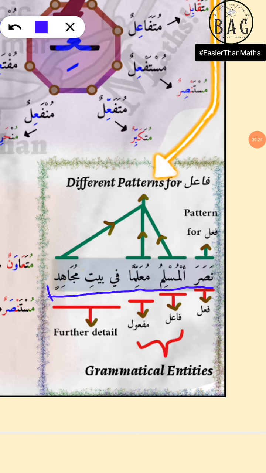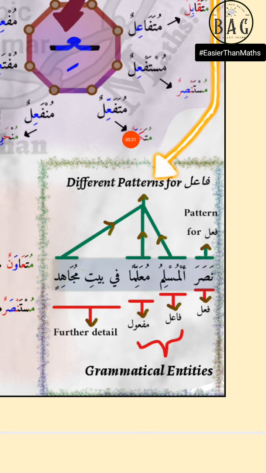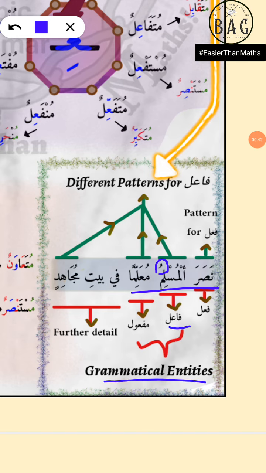Okay, forget about fi baiti mujahidin because this is not directly related to our discussion at the moment, but look at the first three words. Okay, so Nasara is your fail, and al Muslimu being Rafa, it is going to be labeled as a fa'il, alright, which is of course a grammatical entity. Then the word mu'alliman is nasab, therefore it is going to be labeled as maf'ul, hence a grammatical entity.